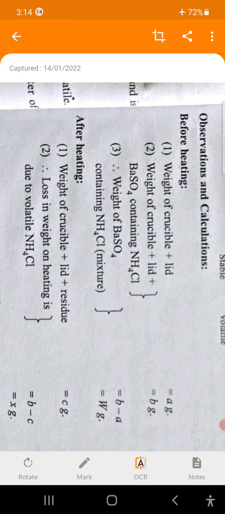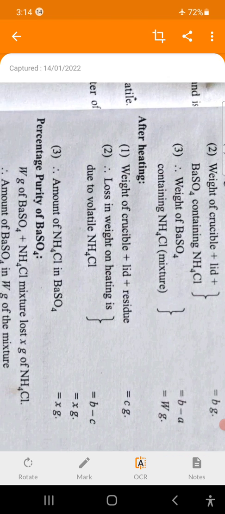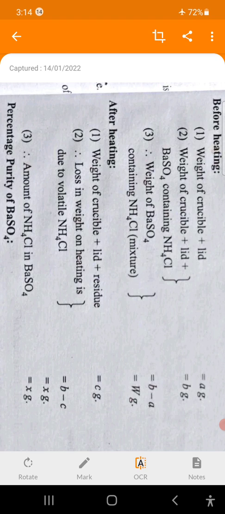Now we discuss the calculation. The weight of crucible plus lid and mixture is B. Then the weight of only the BaSO4 and NH4Cl mixture is W gram, that is B minus A. B is crucible plus lid plus mixture, and A is the empty, dry crucible plus lid.